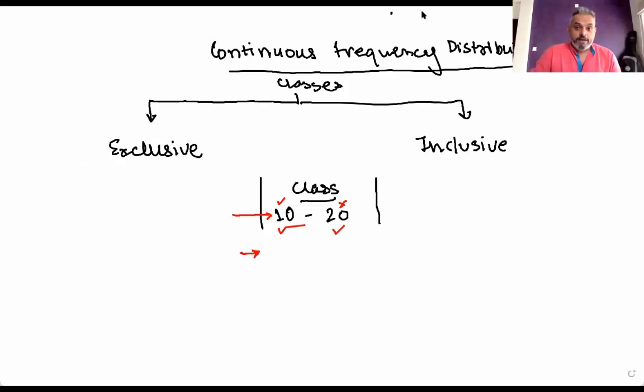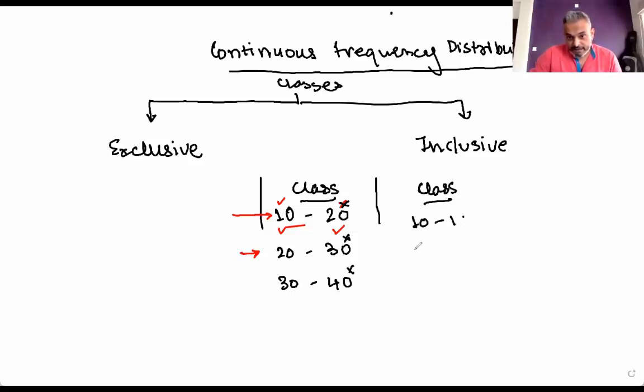So Dev, your answer was correct, we can decide based on what the second class is. If the second class is 20 to 30, then 30 to 40, it means it is exclusive, because 20 we don't take over here, 30 we don't take over here, 40 we don't take over here. If classes are given like this, 10 to 19, 20 to 29, 30 to 39, it means there are no repetitions like this.